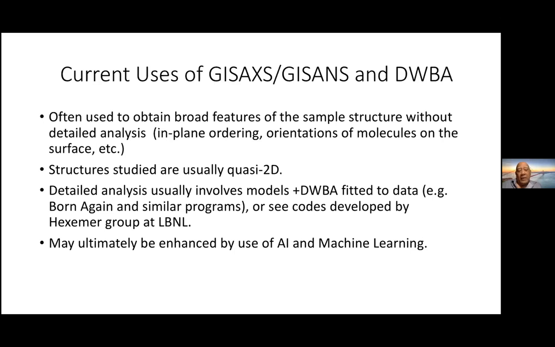And the LBNL group in Berkeley is developing a series of codes that people can use to recognize patterns from different kinds of three-dimensional shapes, to try and see what their GISAXS is telling them.